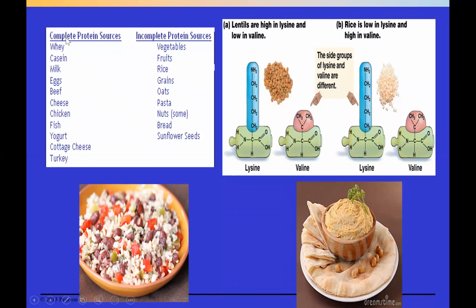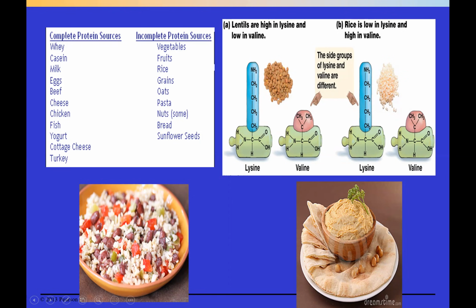So, for vegetarians who are eating fruits and rice and grains and pasta, they have to combine food sources, the traditional way of cooking, right? If you are in the Caribbean, Puerto Rico, Brazil, it's all rice and beans.